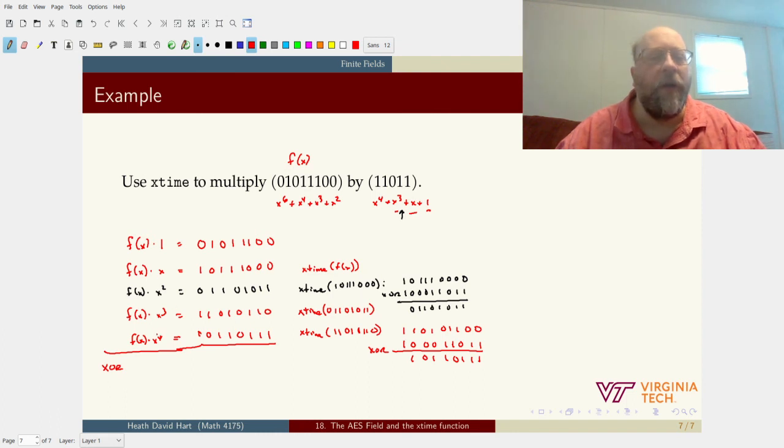So what we're doing is we're using xtime to build this list of powers, and then we want to add these 4 together. Again, I'm using XOR. 0 and 0 and 0 and 1 gives me a 1. 0 and 0 and 1 gives me a 0. 1, 0, 1, 1 gives me 1. 1, 1, 0, 0 gives me 0. 1, 1, 1, 1 gives me 0. 0, 1, 0, 1 gives me 0. 1, 0, 1, 0 gives me 0.